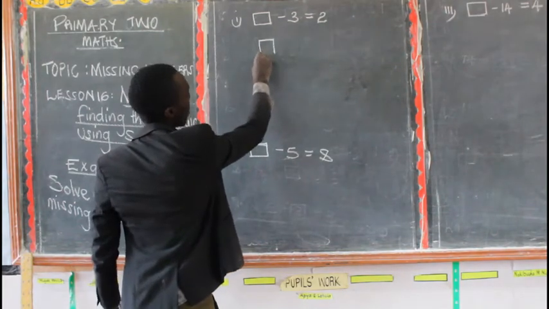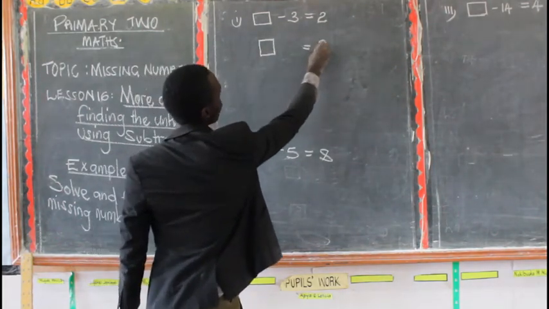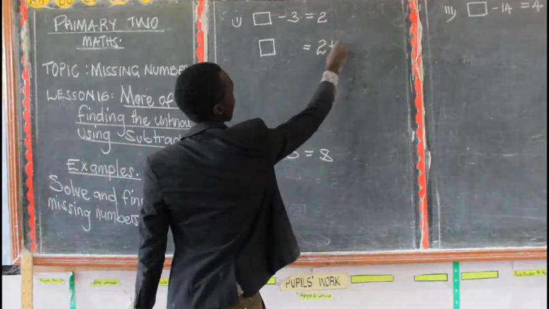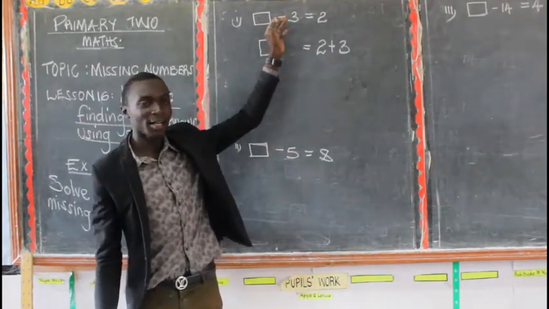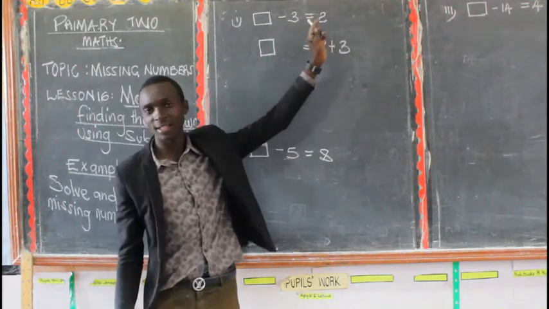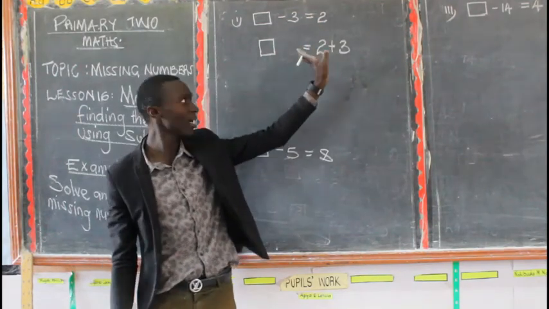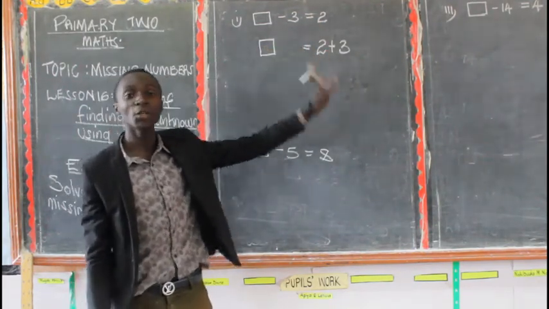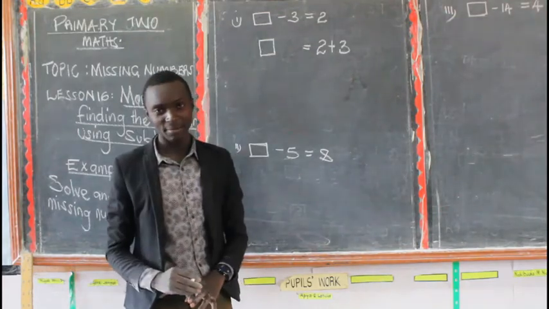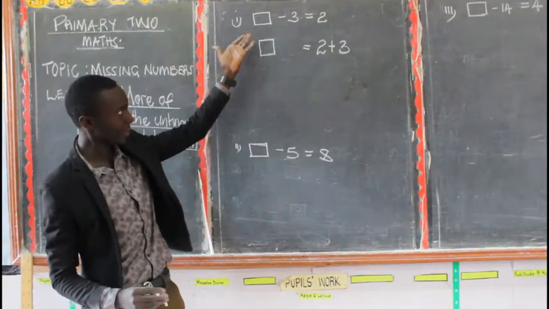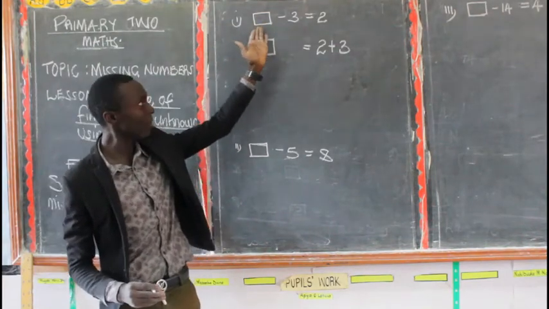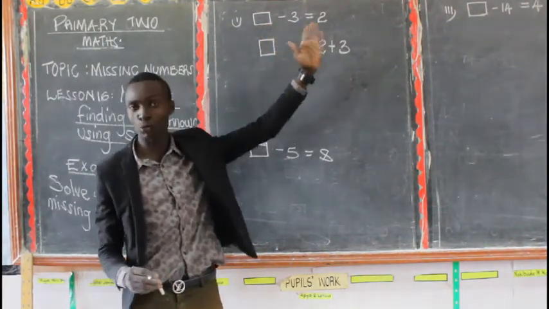Therefore our box is equal to 2 plus 3. This was a negative sign, but since it has crossed the equal sign, it acts as a bridge and becomes a positive sign. When we speak it out, there is a number, and when you subtract 3, you get 2 as the answer.